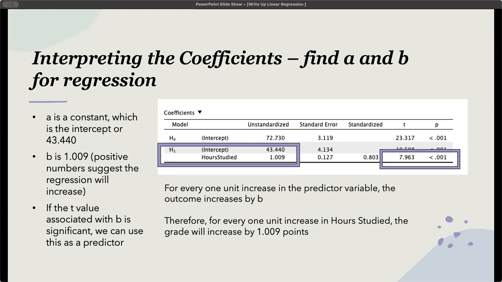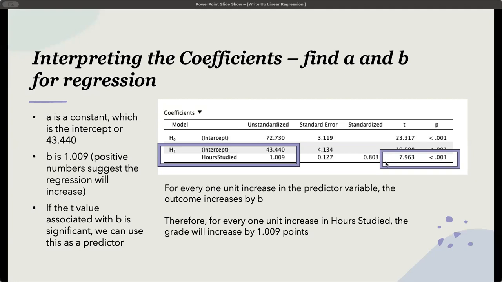So now we need to look at the t-value. In the coefficients, we have a t-value just off to the right with a p-value as well. If we look down at the bottom, if the t-value associated with B, remember B is 1.009, if it is significant, we can use this as a predictor. If it is not significant, we cannot use this as a predictor.